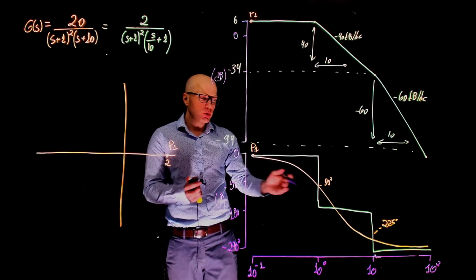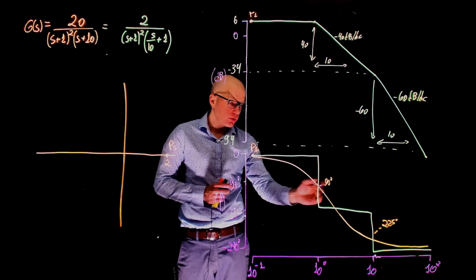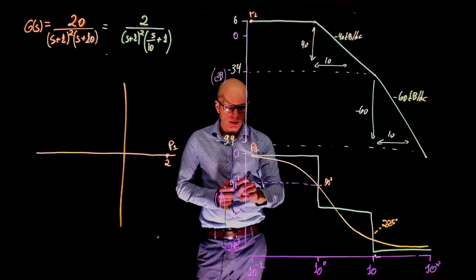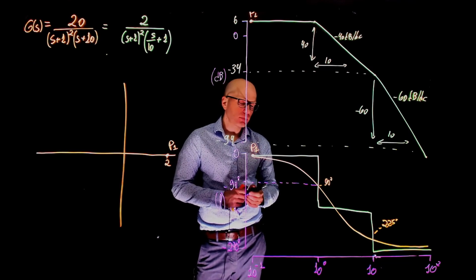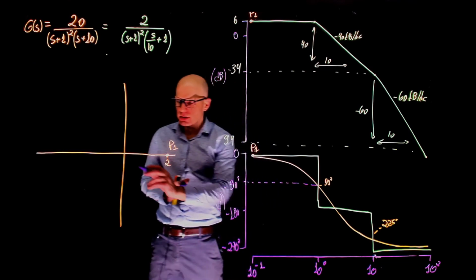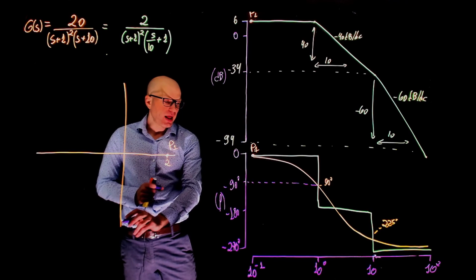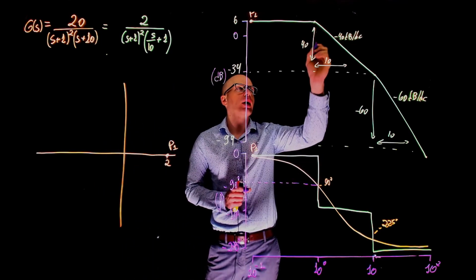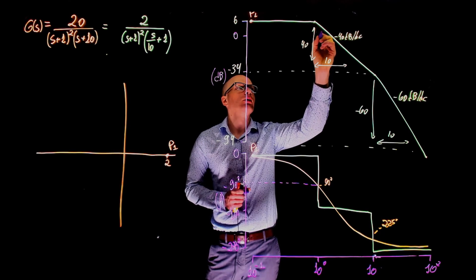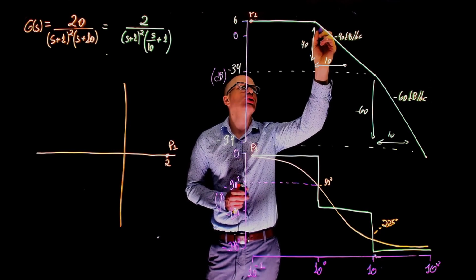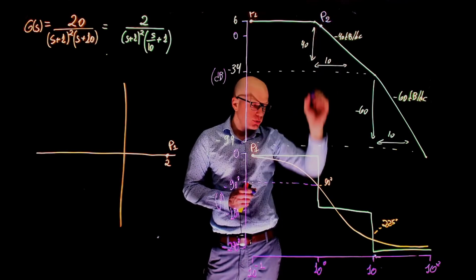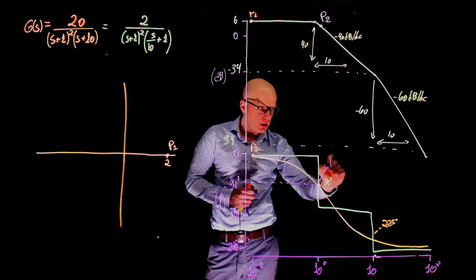Now let's start to increase the frequency. As we go on with the frequency, there is a strategic point here at negative 90 degrees. Why this point? Because this is the point where we cross the negative real axis. If you now go up and look at the magnitude, the Bode plot, the magnitude should still be positive, should be around here. So let's call this point P2, and here P2.